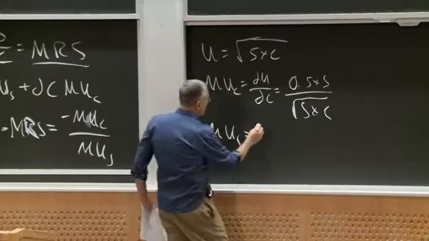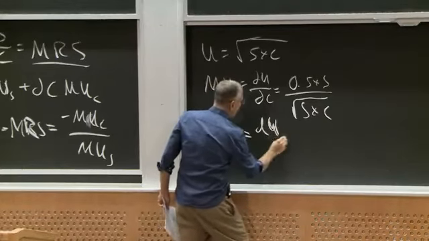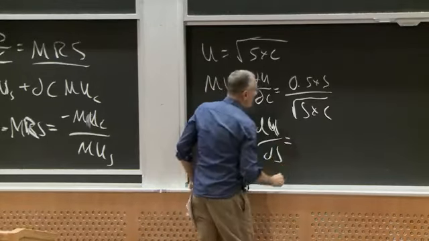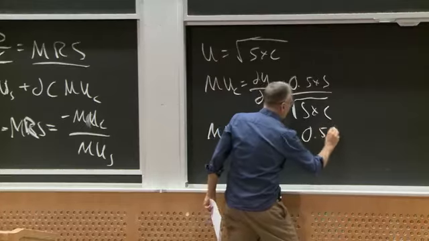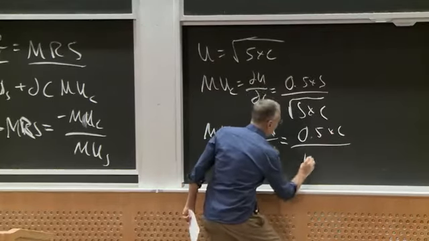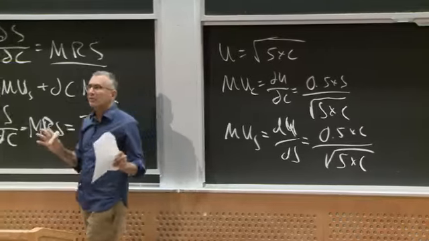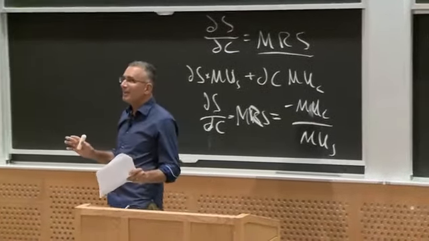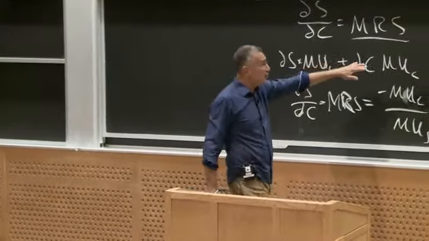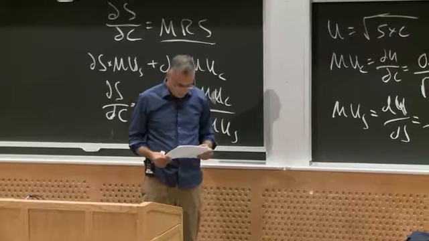You get dU/dS equals 0.5 times C over the square root of S times C. And once again, I apologize for the handwriting. Please ask if it's not clear. I'm just differentiating this function to get the two marginal utilities.